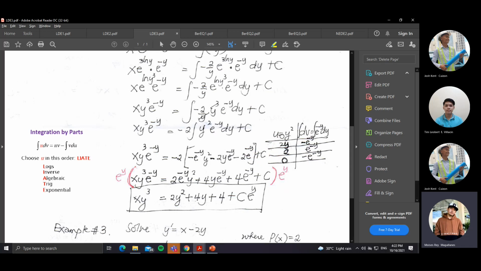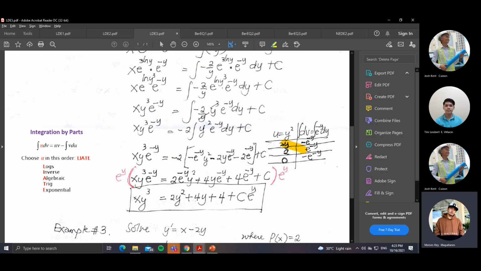So we multiply y squared times negative e raised to the power of negative y, which is negative y squared e raised to the power of negative y. And then the second term is this.